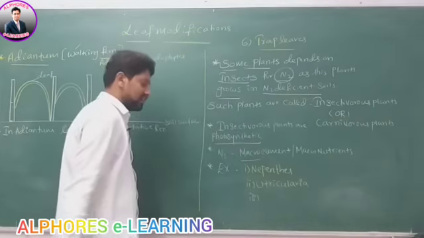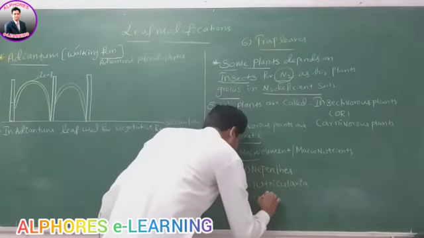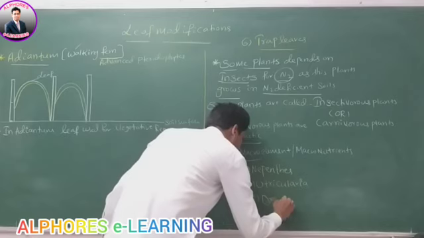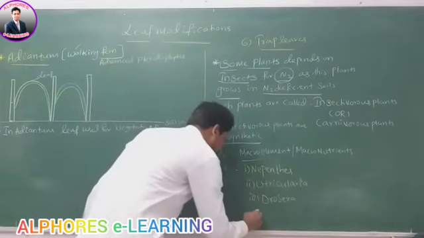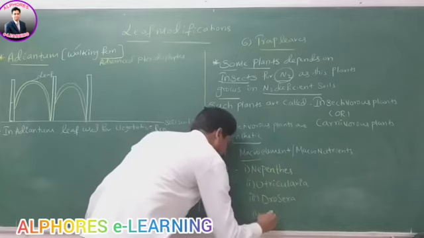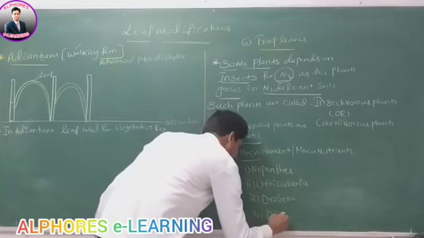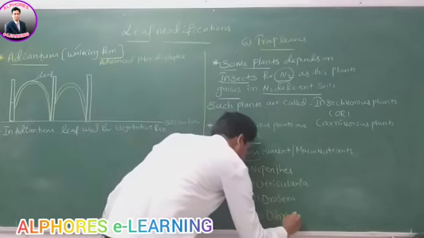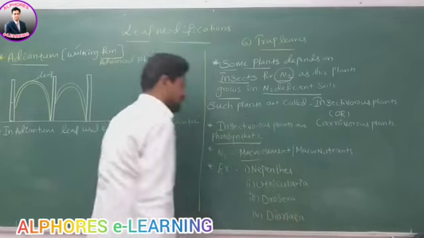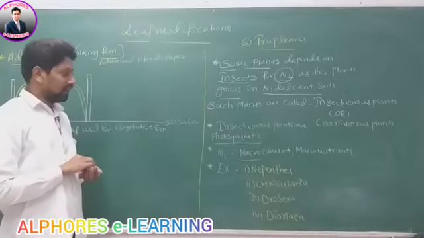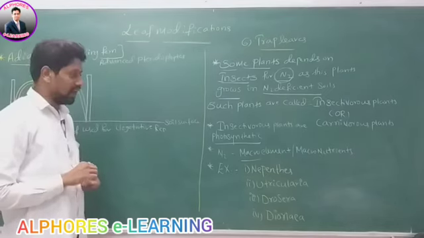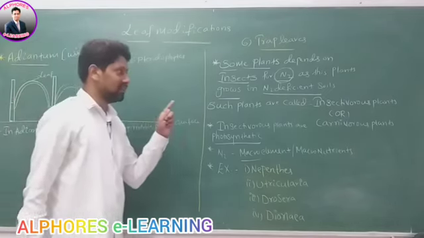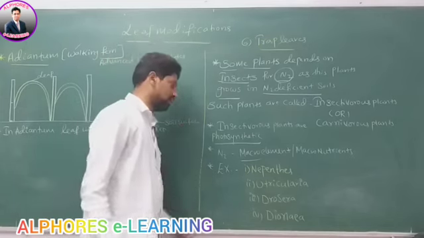Number three, Drosera. Fourth example is Dionaea. Therefore, Nepenthes, Utricularia, Drosera, Dionaea: these are four examples of insectivorous plants or carnivorous plants.